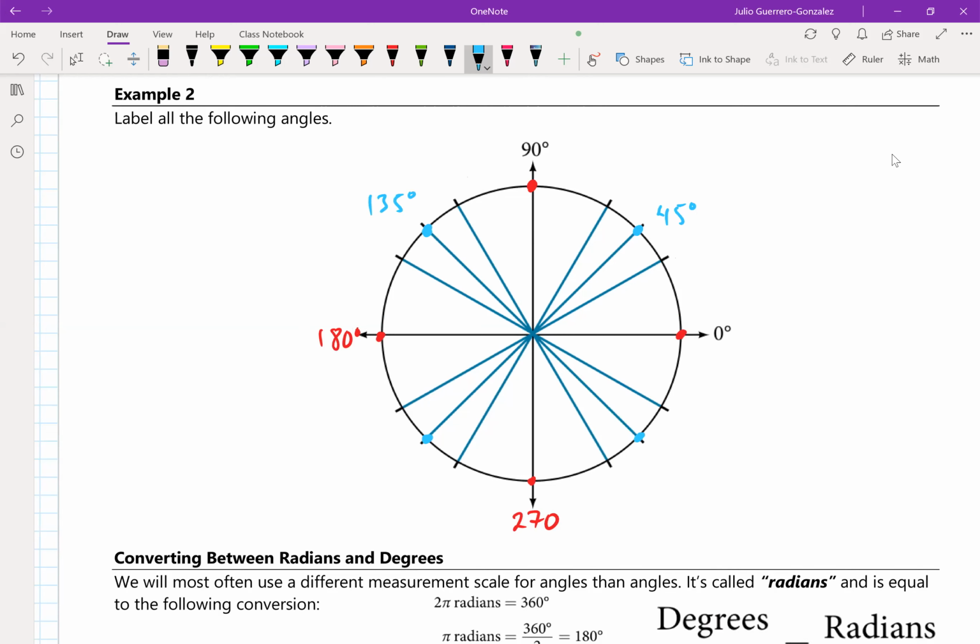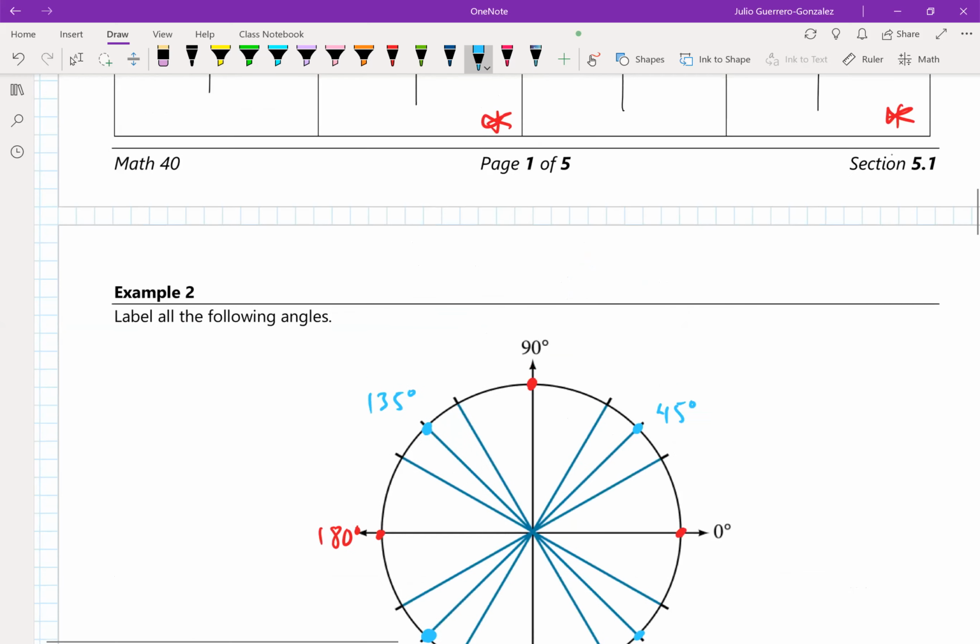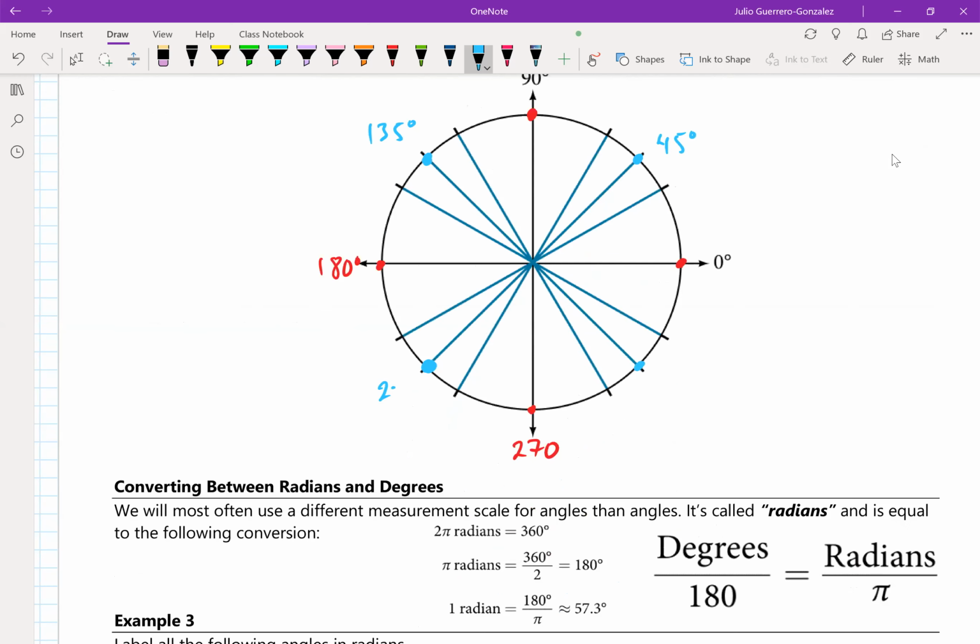We need something for this one, between 180 and 270. That is 225 degrees. And then the last one way over here is going to be 315 degrees.